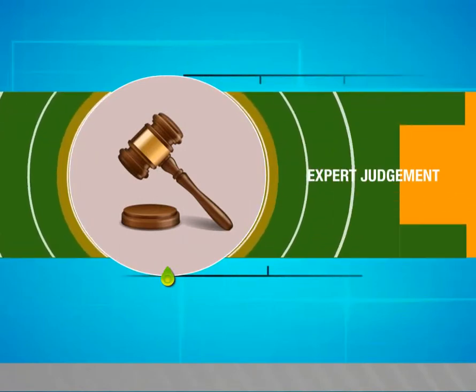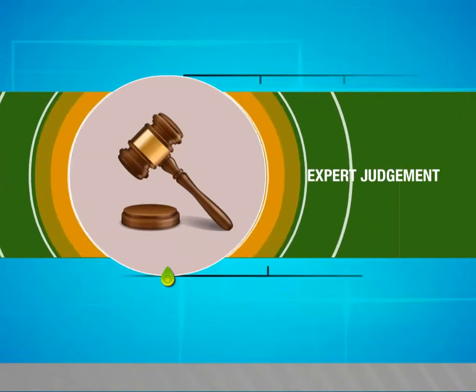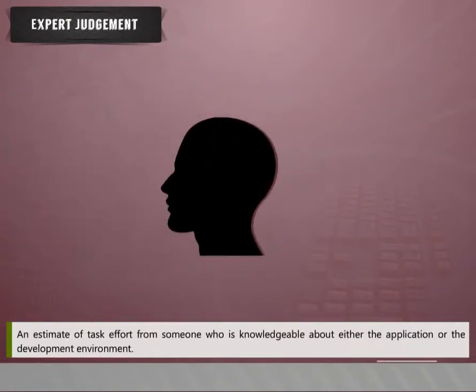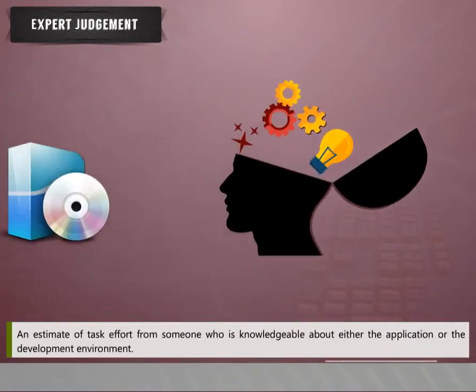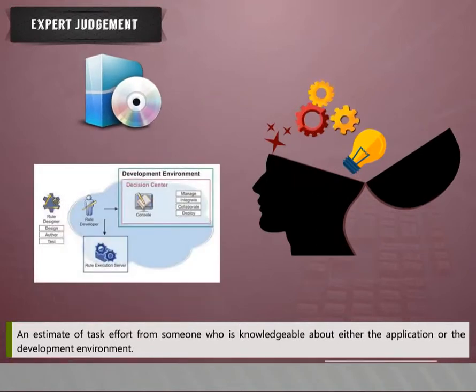Expert judgment. In this animation, we are going to learn about expert judgment. Expert judgment is an estimate of task effort from someone who is knowledgeable about either the application or the development environment.